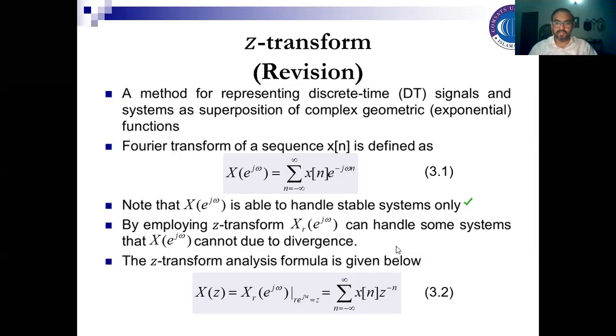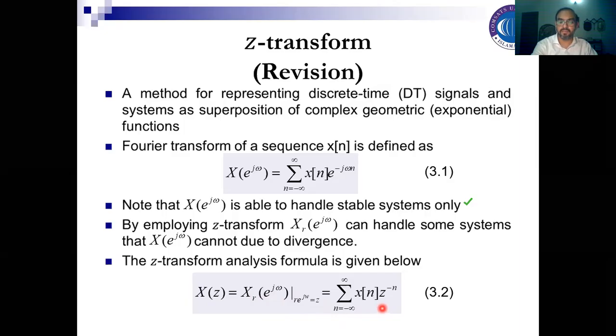The Z transform analysis formula is given by equation 3.2, and you can see that for z equal to r e raised to power j omega, you have X_r of e raised to power j omega, which is the summation from n equal to minus infinity to infinity of x of n z to the power minus n.